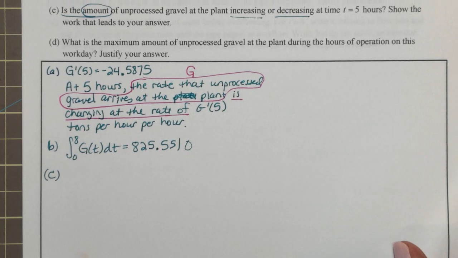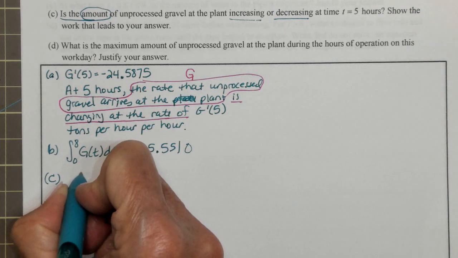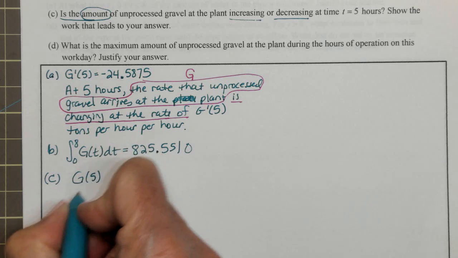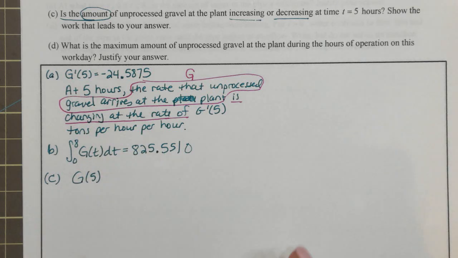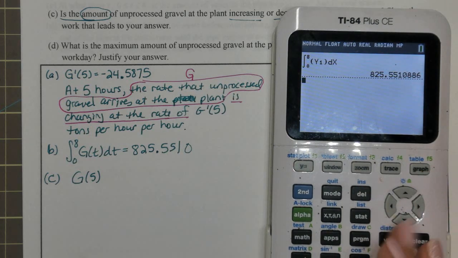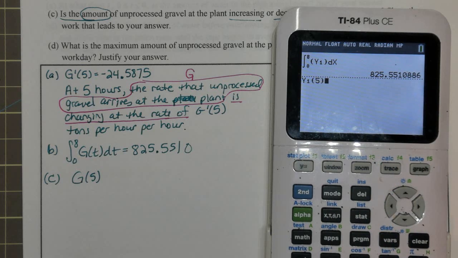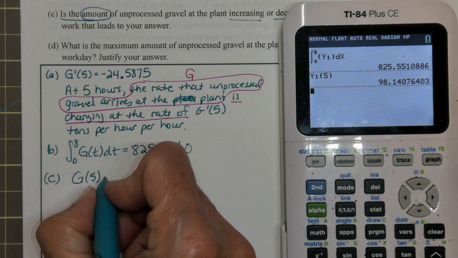So the rate out at 5 I know is 100. What is G of 5? G of 5 is the rate in at 5. Okay?